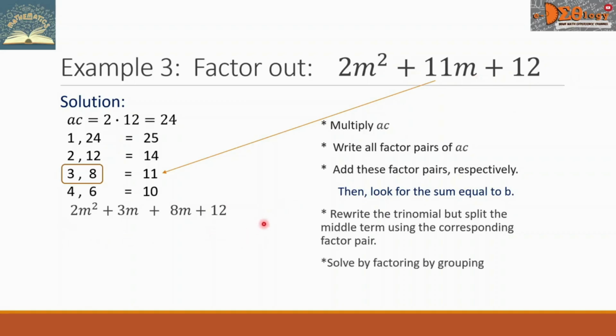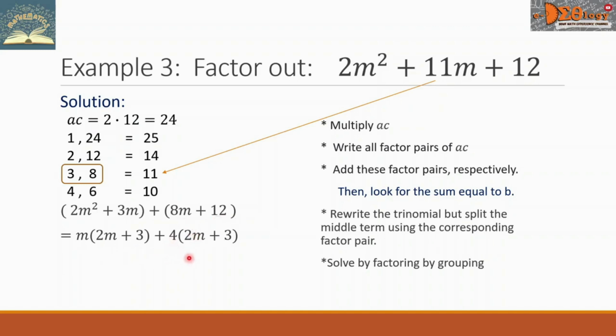We will now solve this by factoring by grouping. We now group the first two terms, then we group the last two. And from here, we find the common factor for each of the group. In the first group, the common is m. So we factor it out. We have m times 2m plus 3. In the second group, the common is 4.